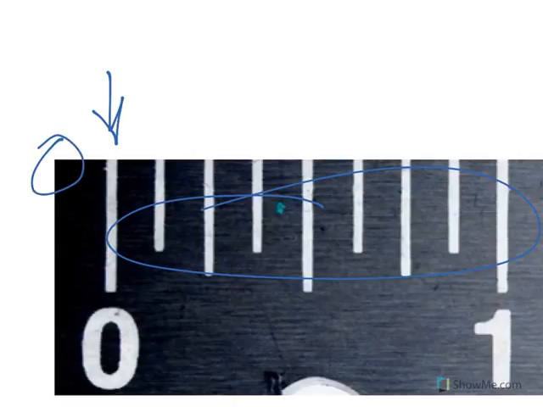The reason why I say a good ruler is because if you have a cheap ruler and the 0 is right at this edge and this edge gets worn down, you don't actually know where 0 is. So this, being a good ruler, starts the 0 inland from the side, which means that we definitely have a point that we can start measuring at.